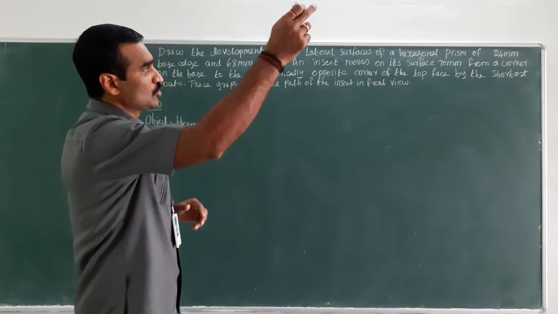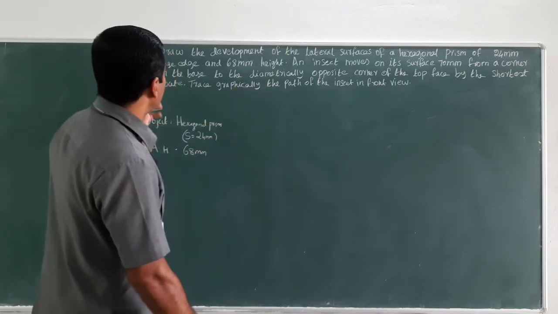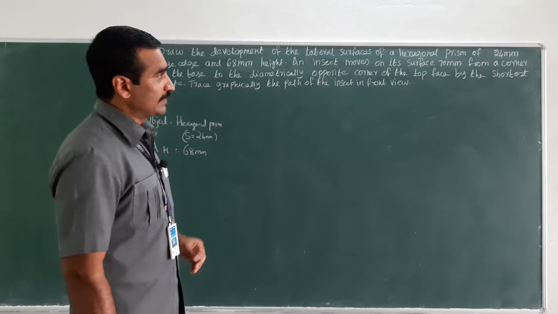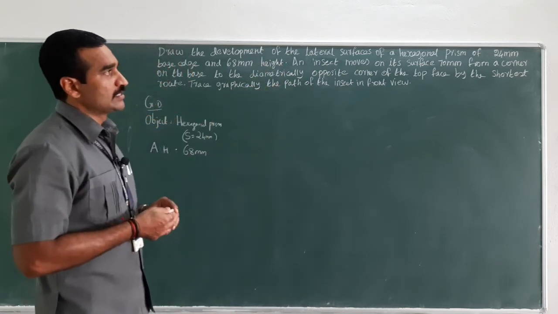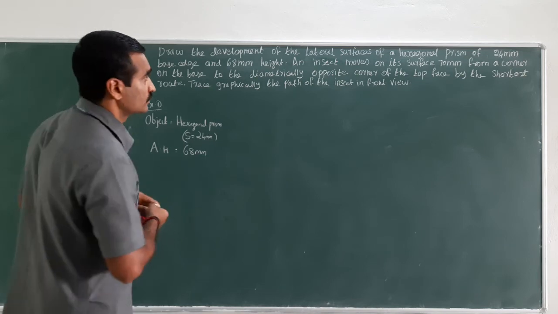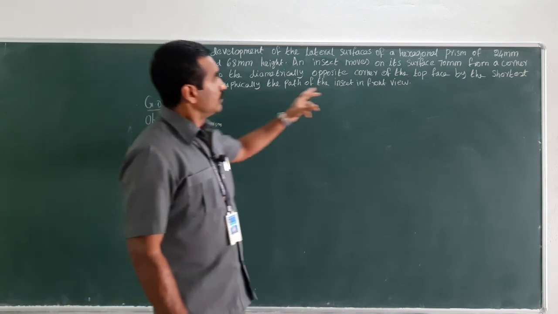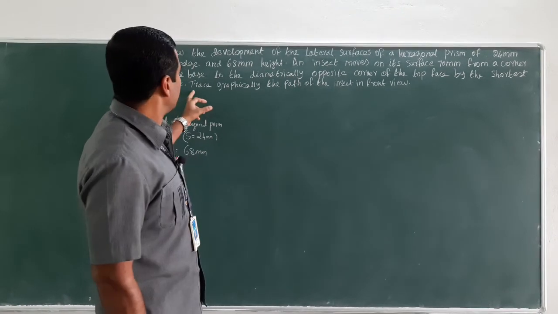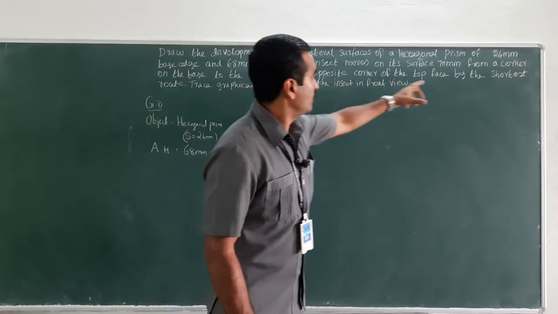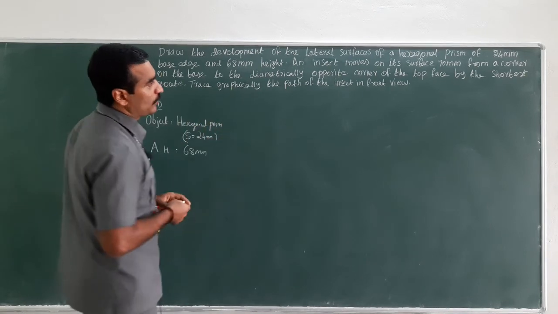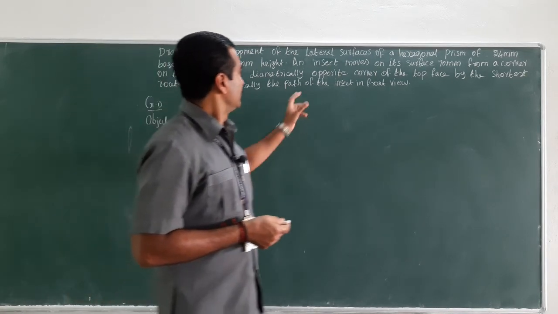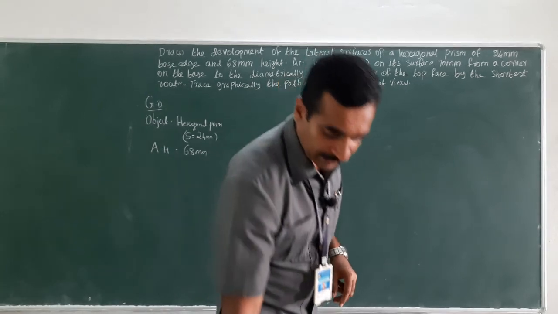That means the base corner to the opposite corner distance is 70 mm. So, find the shortest route to the diametrically opposite top face, and trace graphically the path of the insect from the front view.